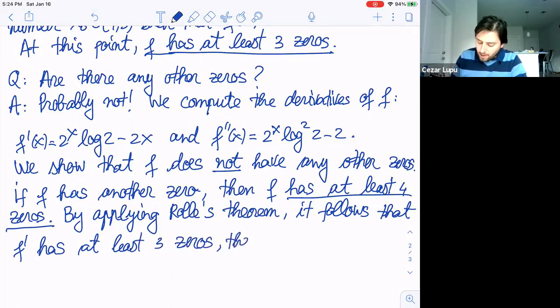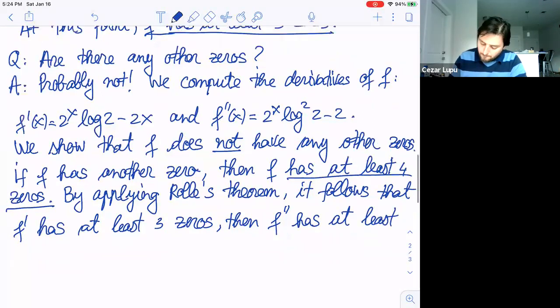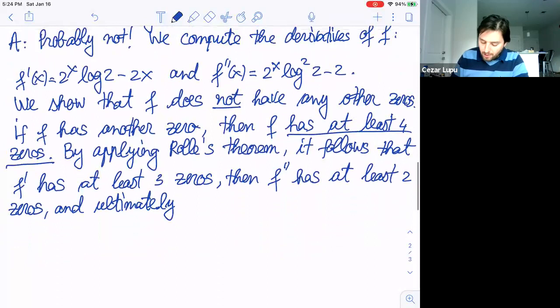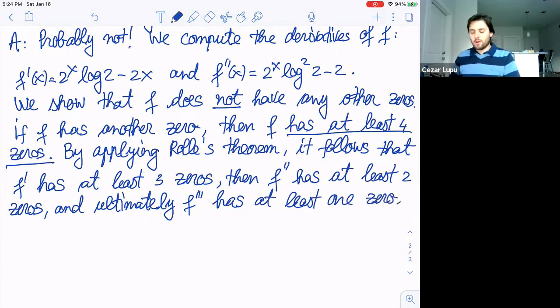Then f second prime has at least 2 zeros. And finally, the third derivative, f third prime, has at least 1 zero. Right? By just an application of Rolle's theorem.